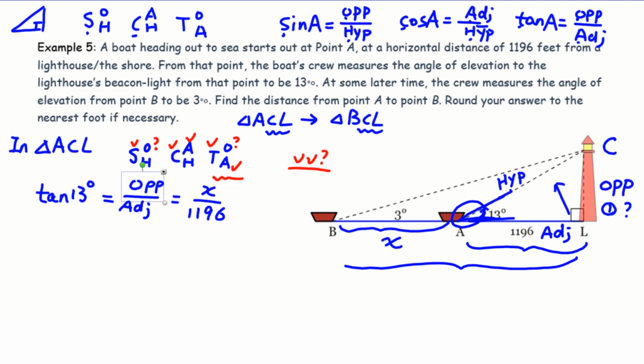For this question, you could use cross multiply again. Tan 13 degrees is x divided by 1196. Then we do the cross multiply: x times 1 gives you x. Then 1196 times tan 13 degrees. Get your calculator out.